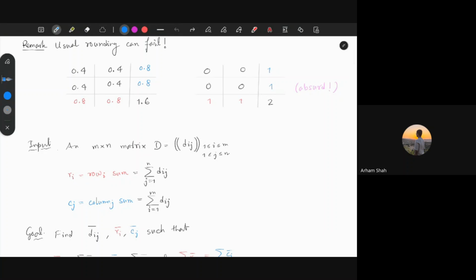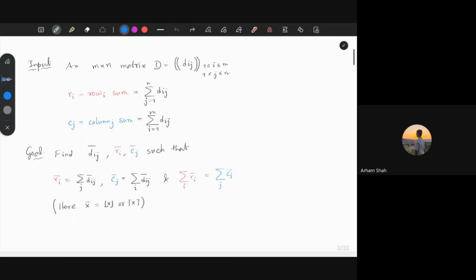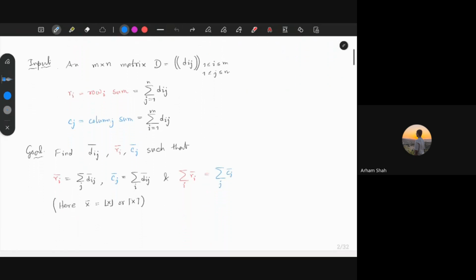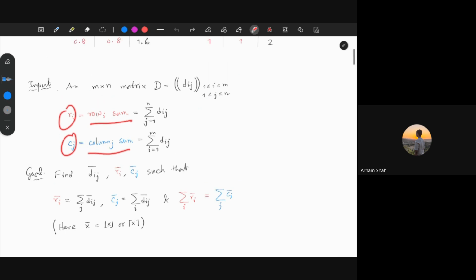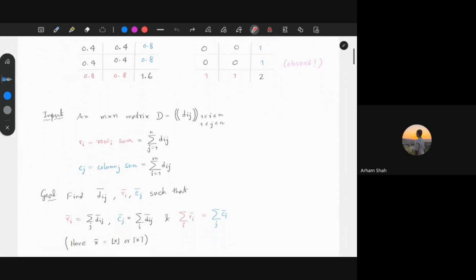But of course, before formulating the problem, we need to rigorously understand what is there in mathematics. This is a very important step, formulating the problem rigorously. So we take the table to be an m by n matrix, and entries are d_ij, and I denote r_i to be the row sums and c_j to be the column sums, just as in these colors, as you can see.